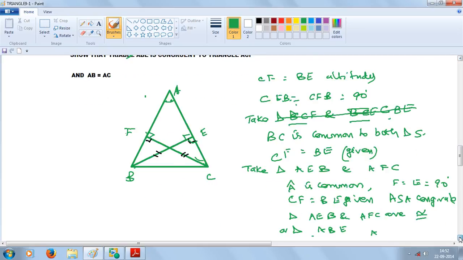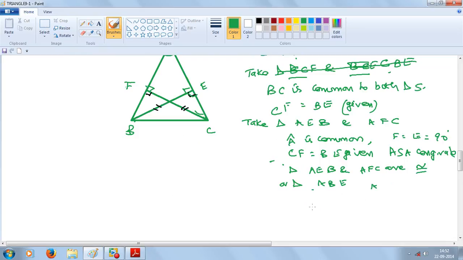The same order we should write. And ACF are congruent.